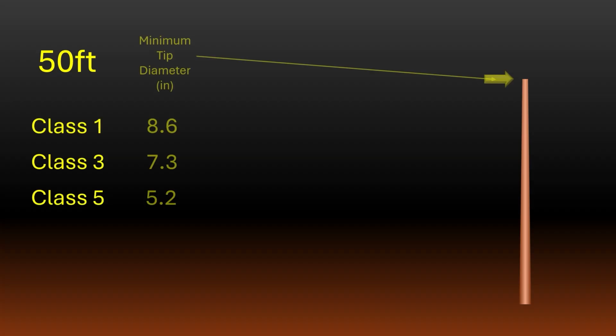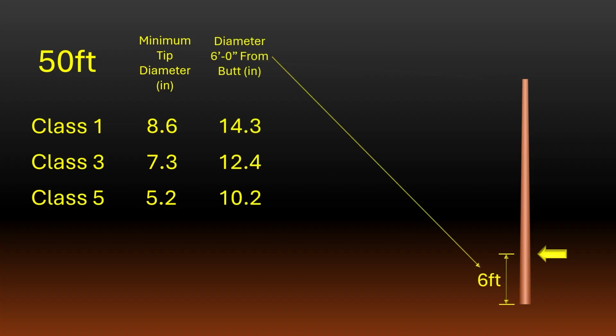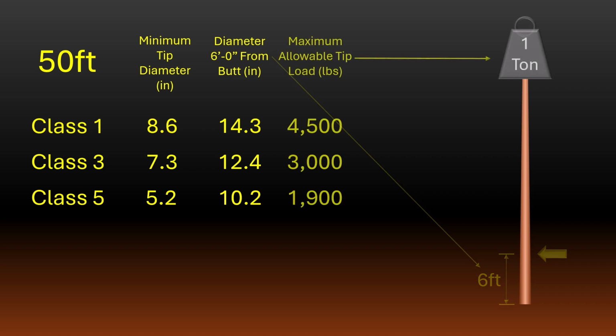For example, the standards for a 50-foot pole will identify the pole class. They'll usually show the minimum required diameter at the tip of the pole and the diameter at a point 6 feet from the butt of the pole. They'll show the maximum allowable tip load.